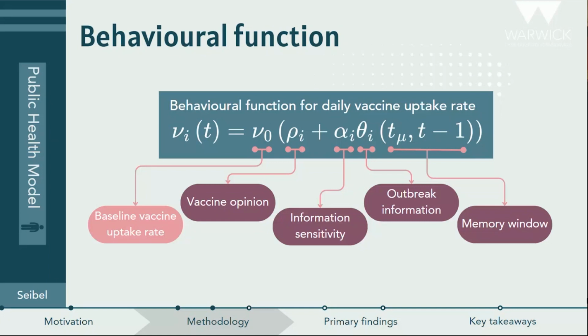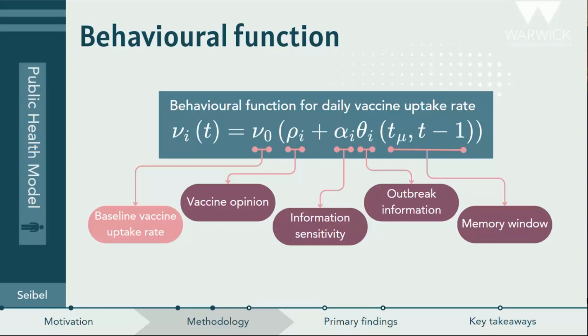What the vaccine opinion does is it helps us break up our groups into subpopulations based off of their vaccine opinion. We could have 0, which would mean they have a very low vaccine opinion, so they're not as likely to have the vaccine, ranging up to 2, which would be a high vaccine uptake relative to the other groups.